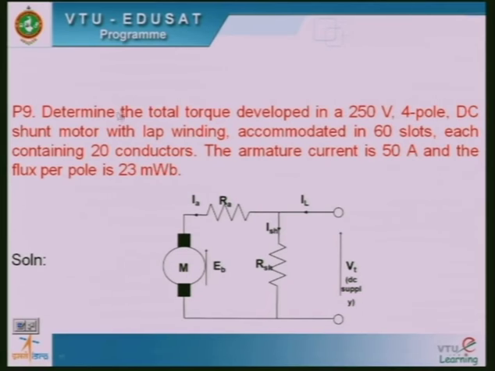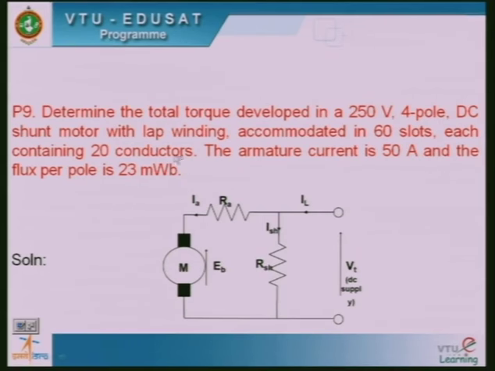In this problem, they ask for the total torque developed in a 250 volt 4 pole DC shunt motor with lap winding accommodated in 60 slots, each containing 20 conductors. The armature current is 50 ampere and the flux per pole is 23 milliweber.